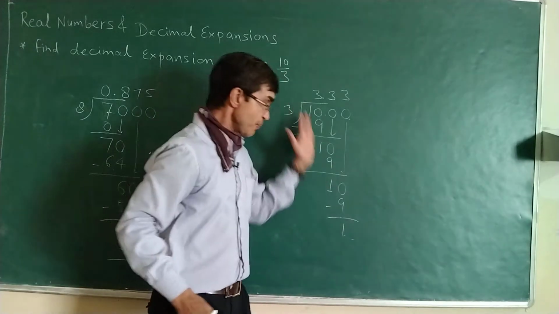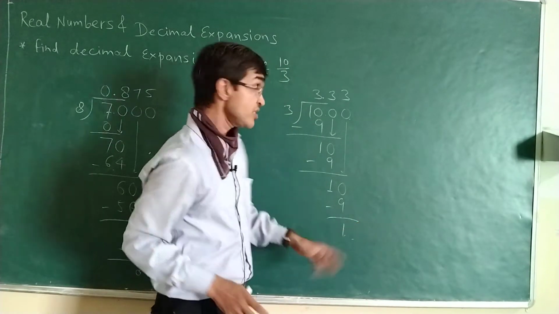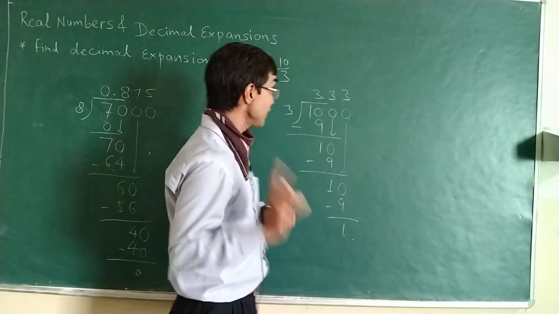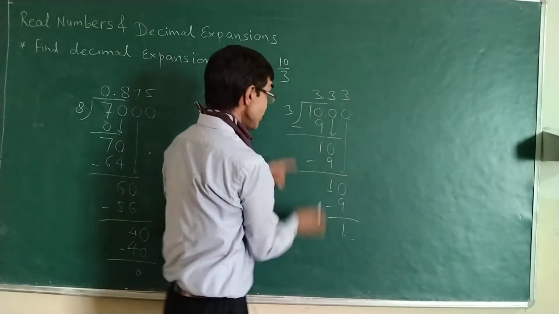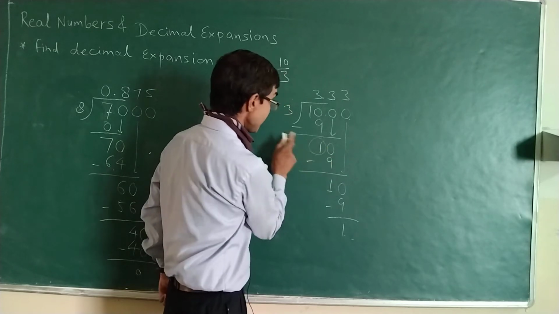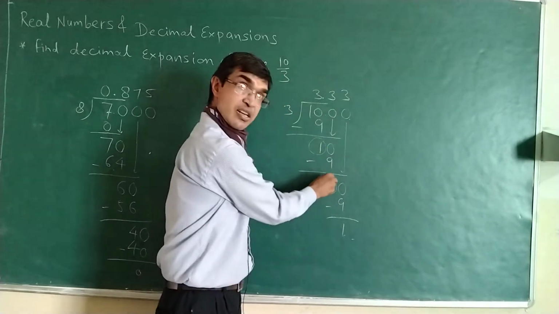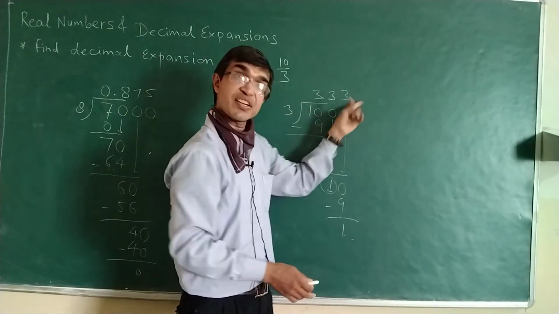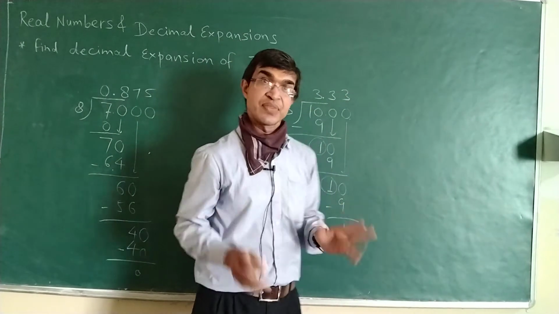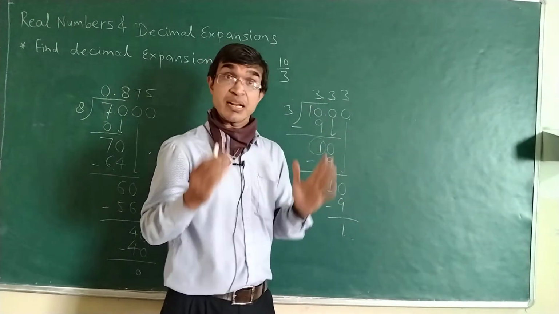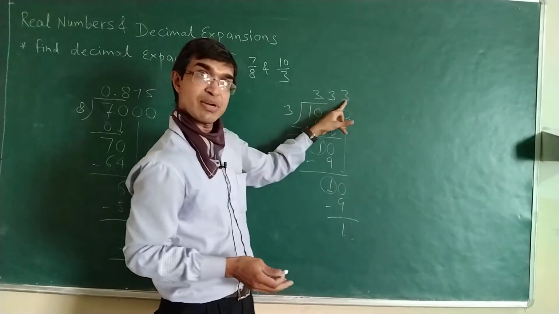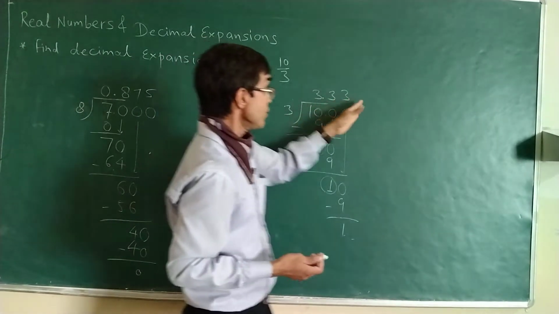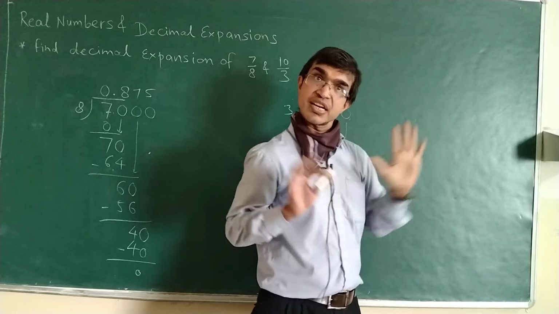So it goes on up to infinity, which means this decimal expansion will never terminate, it will be recurring. The remainder here is 1, here also 1, which means we are getting the same remainder every time, the same digit after the decimal every time. So this is recurring, meaning repeating. Repeating or recurring decimals are non-terminating, they go up to infinity.